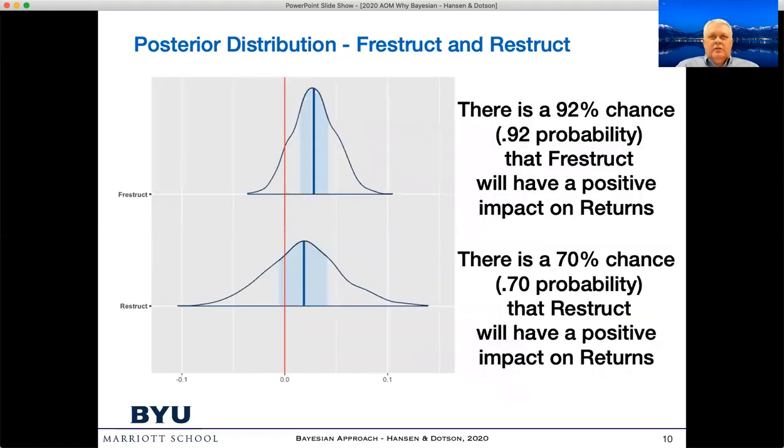Now, here we're looking at a posterior distribution for the 2 that had the highest probability of being a positive effect. And also in the OLS regression, we saw that these were 2 that had very low p-values.